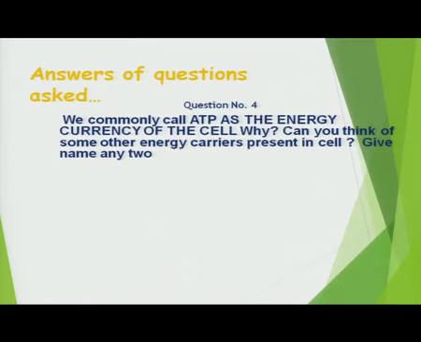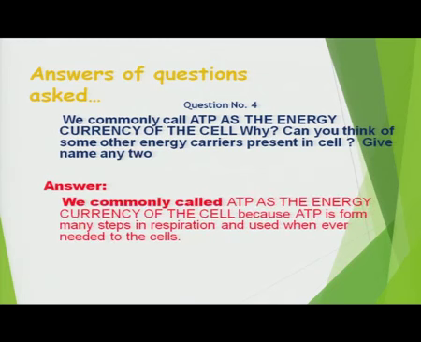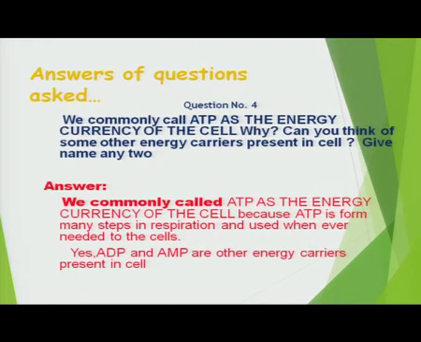It is used for many steps in respiration. So, ATP is commonly called the energy currency of the cell, and this ATP formed by glycolysis, the Krebs cycle or the electron transport chain is used whenever it is needed, just like currency, when we need it we spend it. So, ATP acts as an energy currency of the cell, because it helps in the various metabolic processes where ATP is needed.